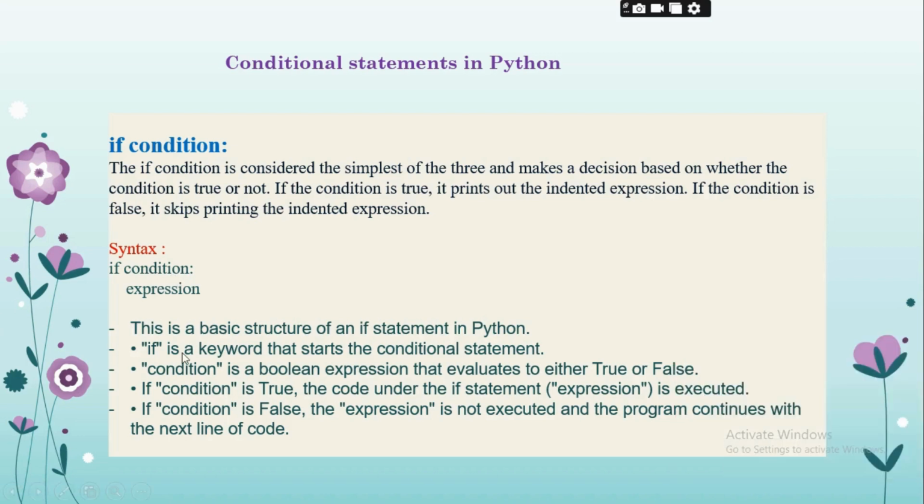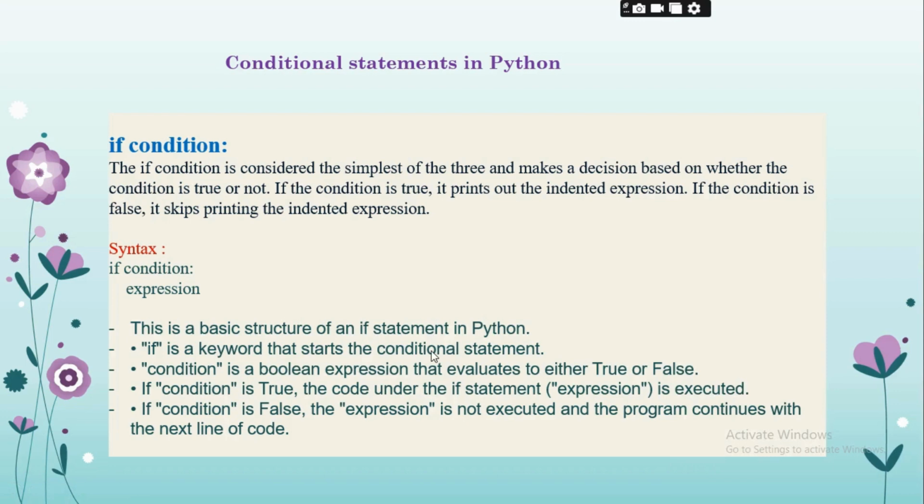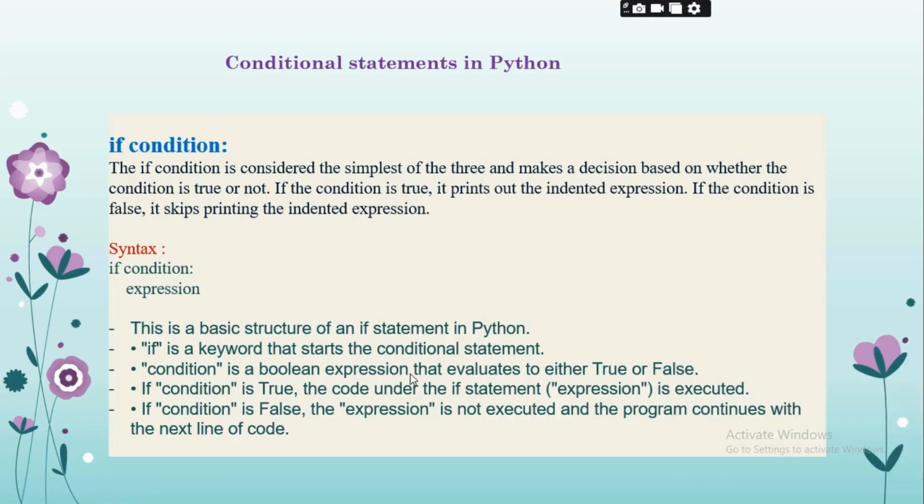This is the basic structure of the if statement in Python. If is a keyword and starts the conditional statement. The condition is a boolean expression. Boolean, as we learned in previous videos on data types, like boolean, string, float, is basically true or false.